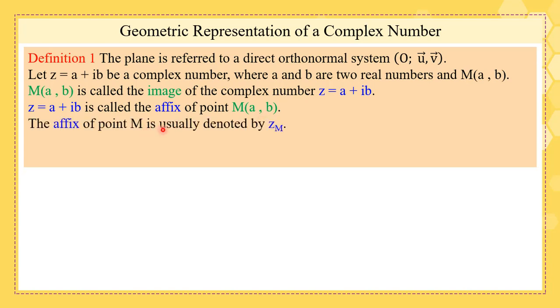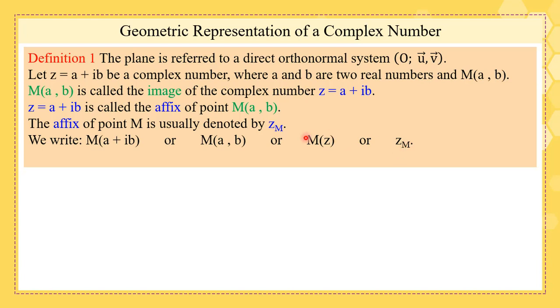The affix of point M is usually denoted by zM in order to tell which point it represents, so we usually write it as zM. And we can, in fact, use different representations for M. We can state that M, we open parentheses, we write a plus ib, or we can write it using coordinates, or we just write M with affix z, or we write zM.